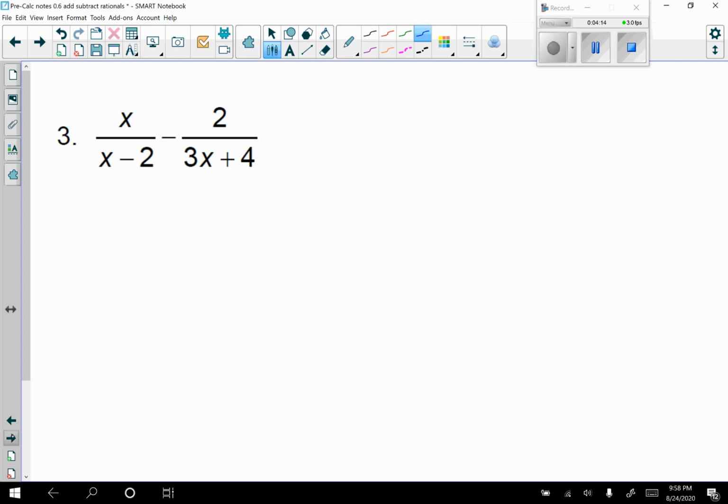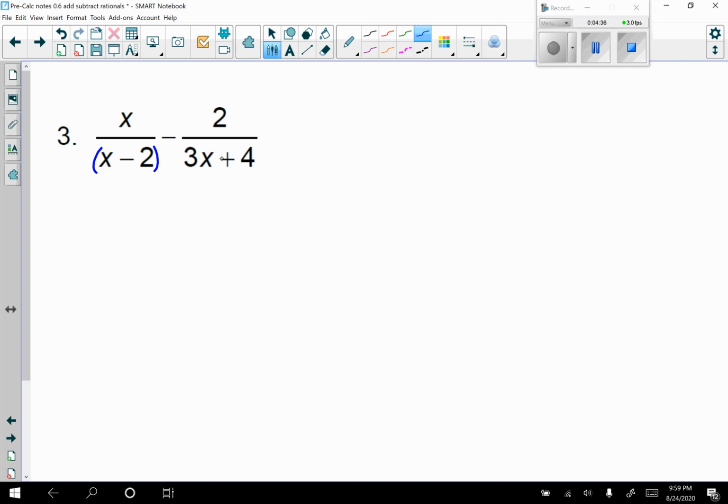This one's a little bit more straightforward here. So this is the basic idea behind getting common denominators. These two denominators really have nothing in common. So no common factors or anything like that. So one thing you can always do is say the first fraction has one factor of x minus 2.